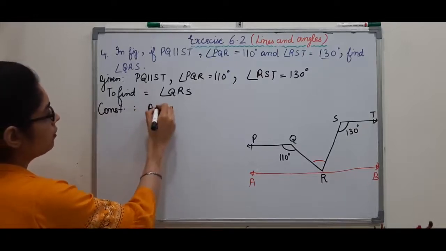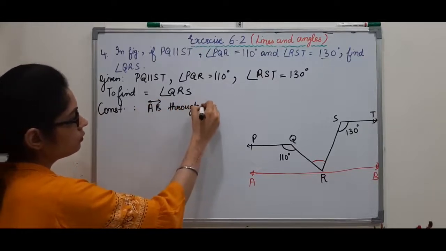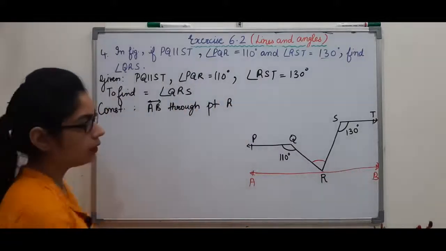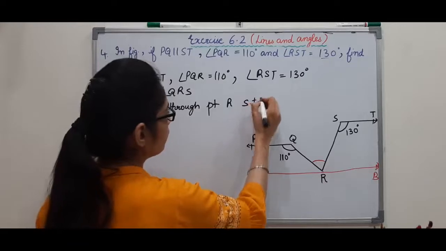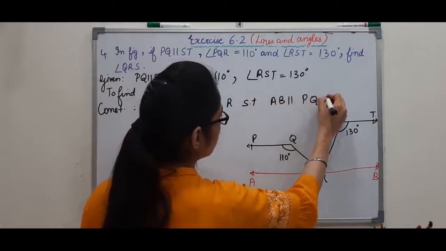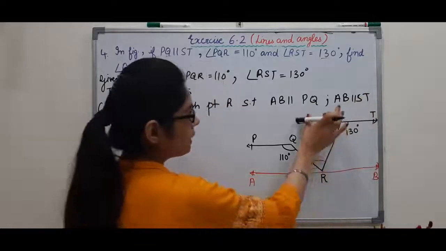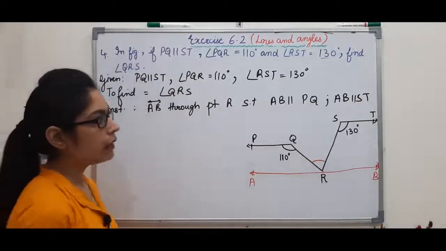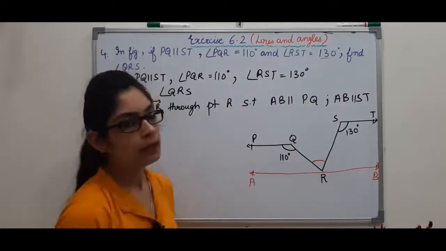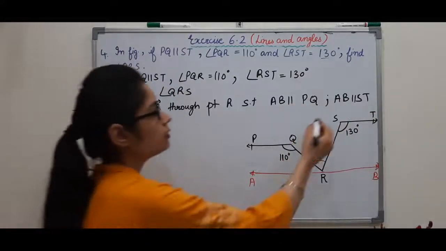AB, we have drawn one line through point R such that AB is parallel to PQ and AB is parallel to ST also, because PQ and ST are already parallel to each other. If this is parallel to this, it's understood that AB will be parallel to ST. So we mention it like this: AB is parallel to PQ and it is parallel to ST.